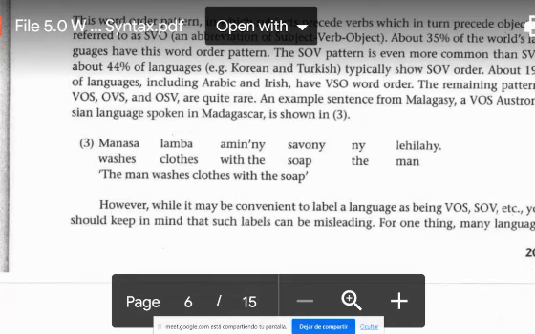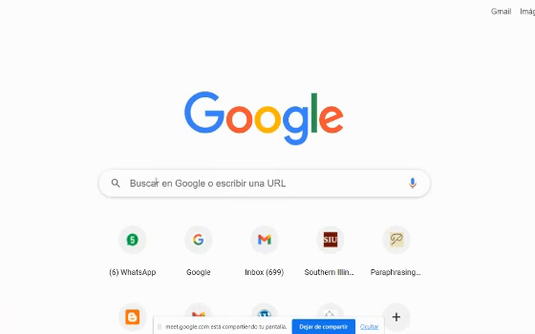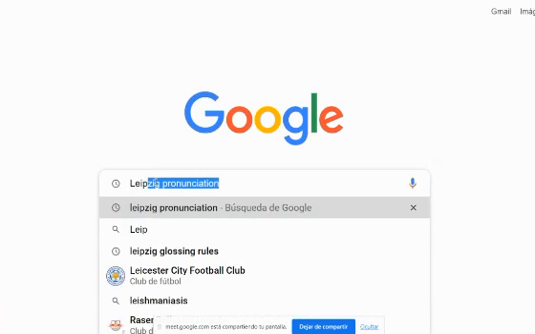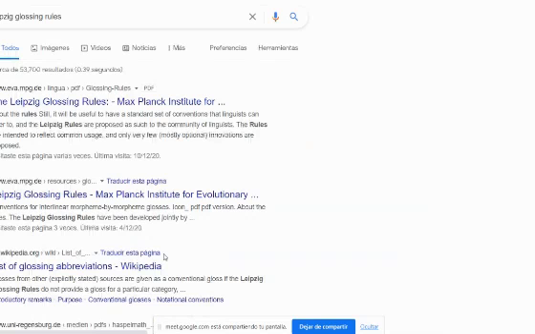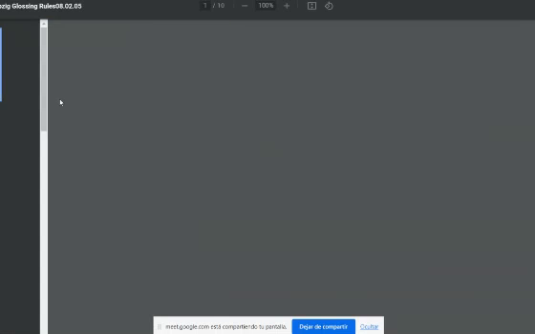And that is known in linguistics as the basic Leipzig glossing rules. I don't know if you know the Leipzig glossing rules in linguistics.